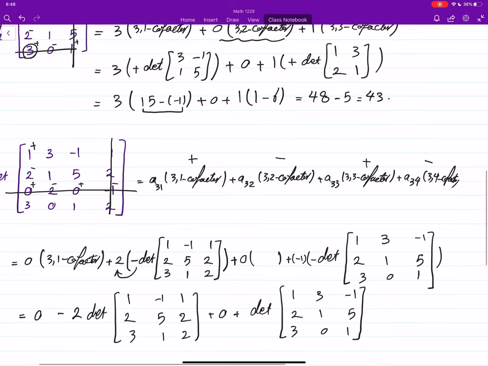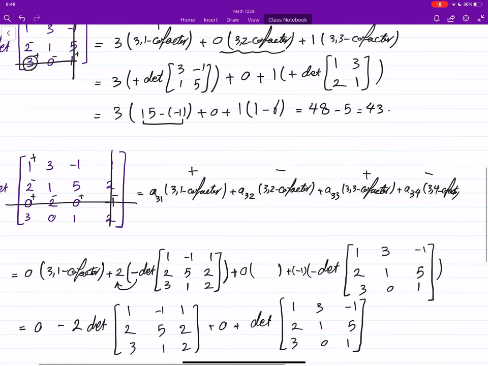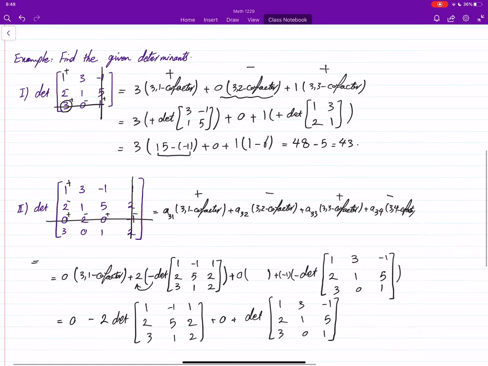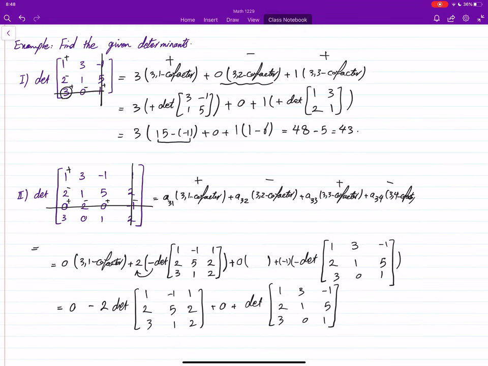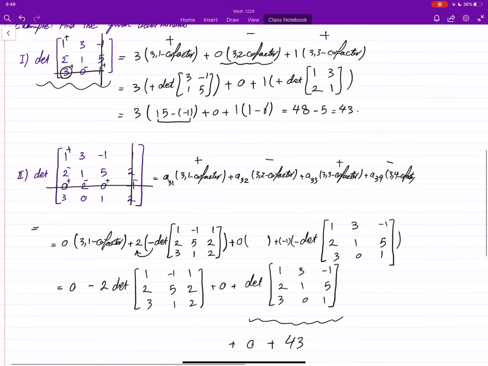Okay, so if you look up here, you notice that, actually, let me just focus a little bit in. This is the same matrix as the part 1, so we already have the determinant for that one. This is 43. How about 1, negative 1, 1?